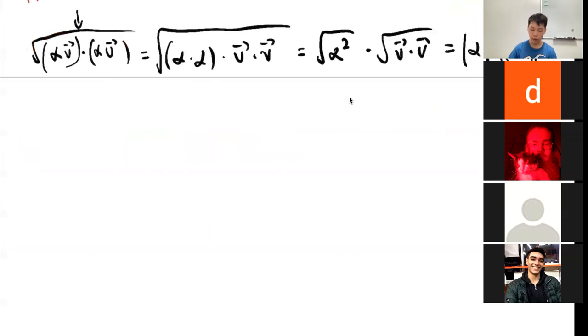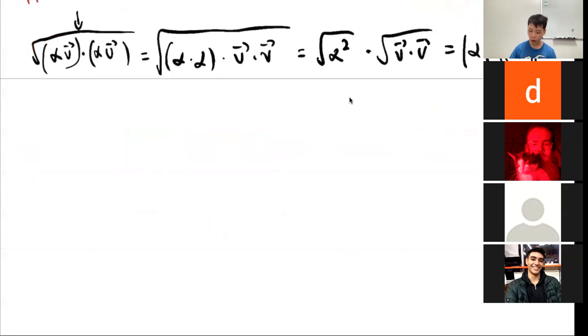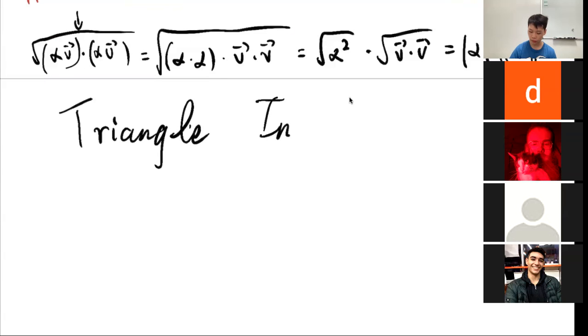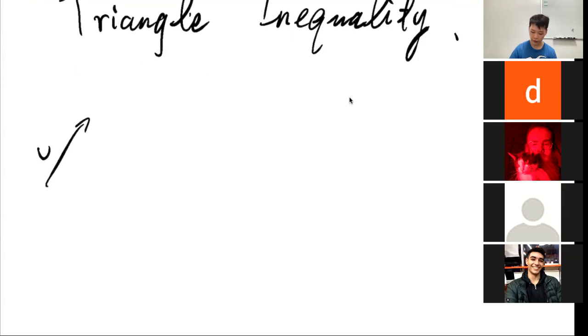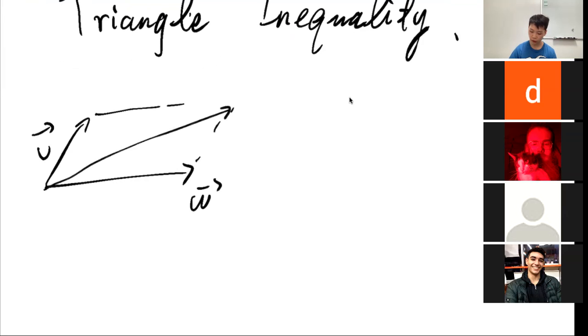And one of the important properties for length is the triangle inequality. It says that when you have vector v and vector w, when you sum them up, you get v plus w.